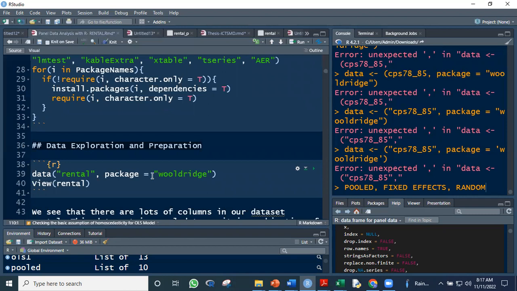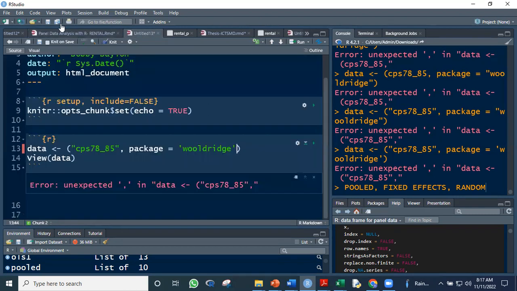Oh wait, yeah, right. Oh, there's no function here.